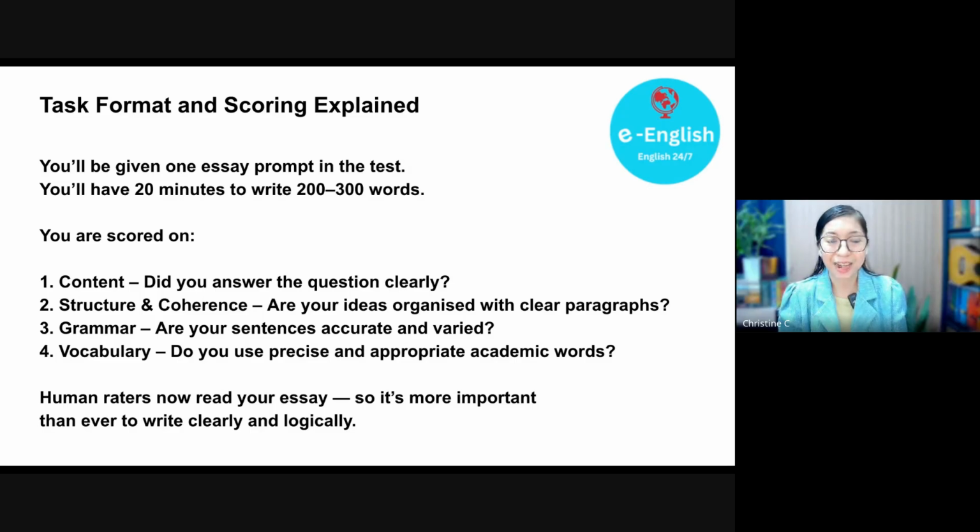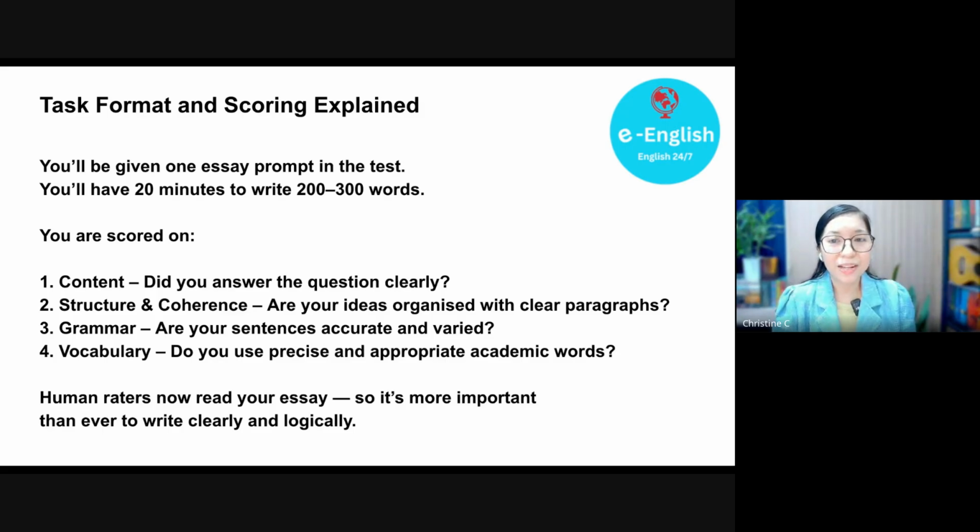Who has a target date to take the PTE exam? Who has a target score? Please feel free to type it in the chat. You can also unmute yourself and tell me. If any of you is currently preparing for the PTE exam, let me know in the chat. This is something you would also like to pay attention to.